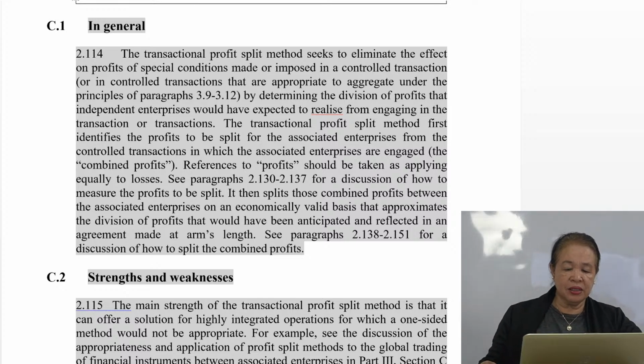It then splits those combined profits between the associated enterprises on an economically valid basis that approximates the division of profits that would have been anticipated and reflected in an agreement made at arm's length, no? So see paragraphs 2.138 to 2.151 for a discussion of how to split the combined profits, no?